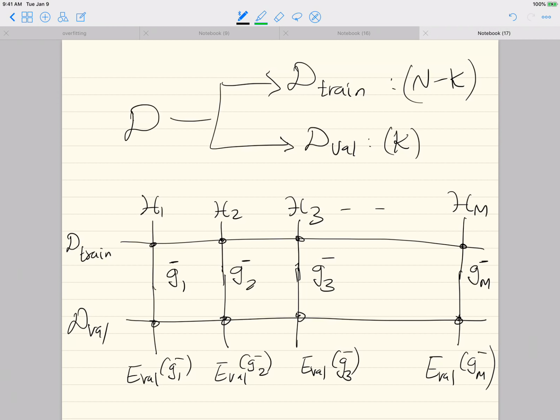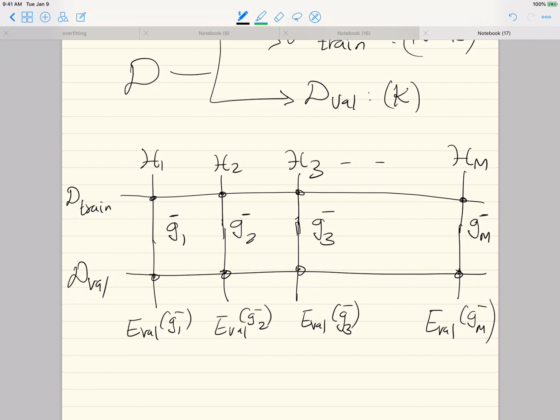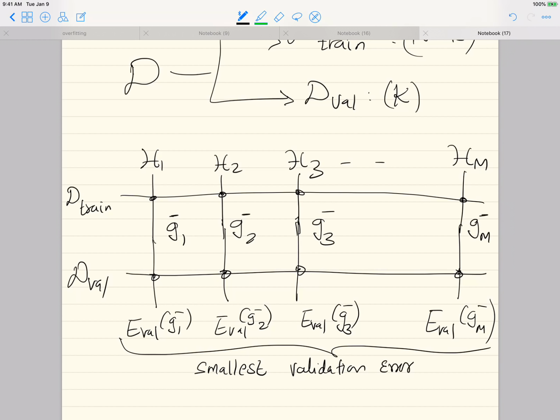The validation error will be our approximation to the test error. And so we will select the hypothesis for which we have the smallest validation error. That will give us our choice of the model.